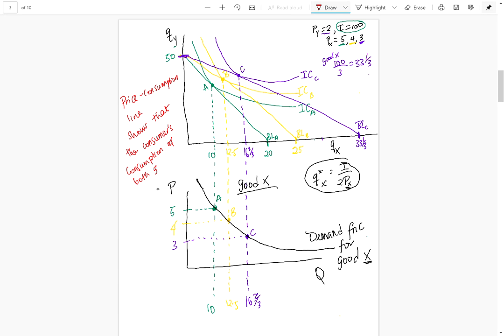Once that comes back, we'll write it down. Holding the price of good Y constant and income constant. And we see here that it's true. As we go from A to B, we're increasing both quantity Y and quantity X. And from B to C, we're increasing both quantity Y and quantity X. So this line that connects points A, B, and C is our price consumption line.